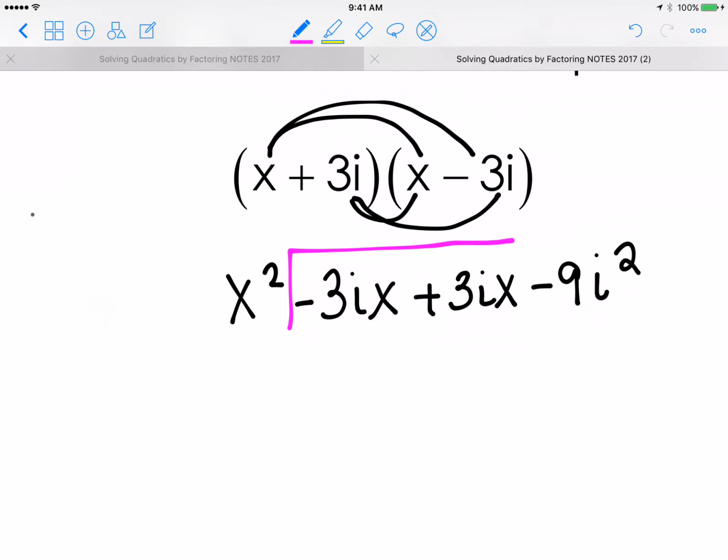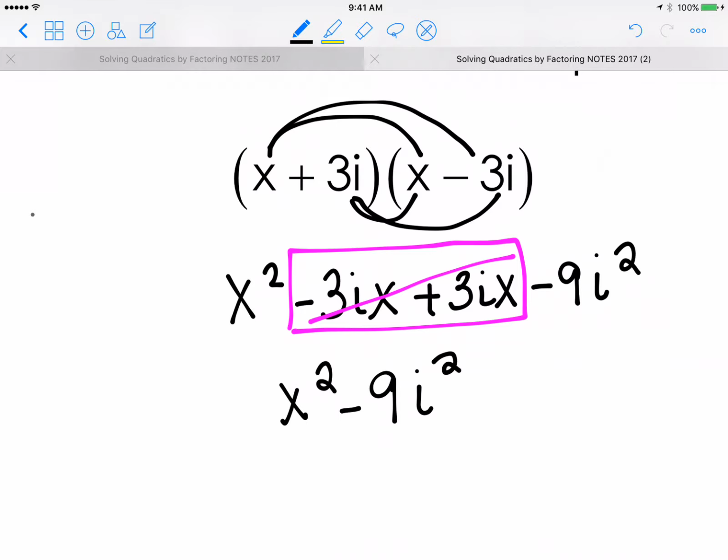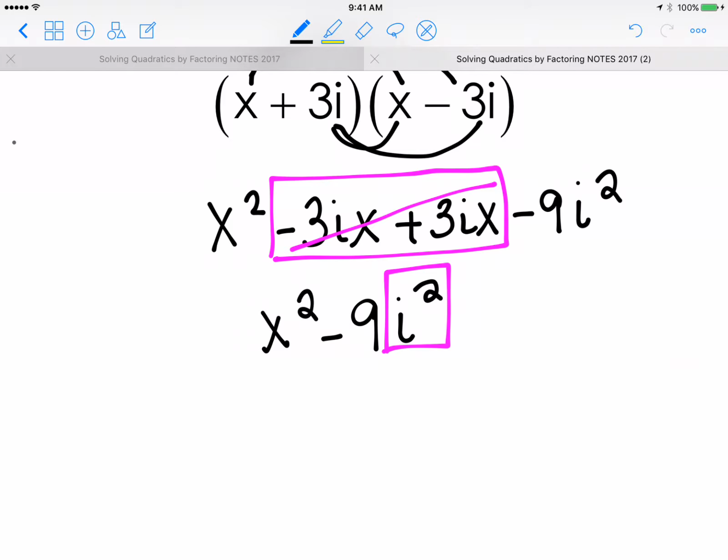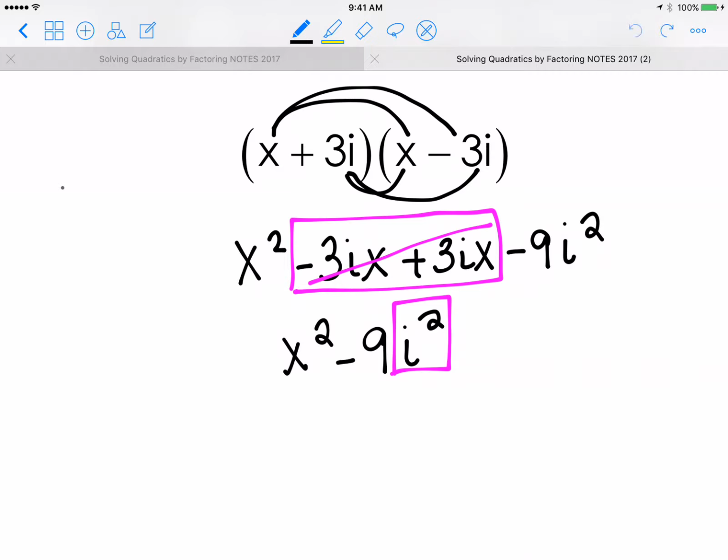So what happens to our middle terms? They just cancel, just like a normal conjugate would. So we get x squared minus 9i squared. Well, what do we know about this i squared? Hopefully you can tell me very quickly that i squared is negative 1.